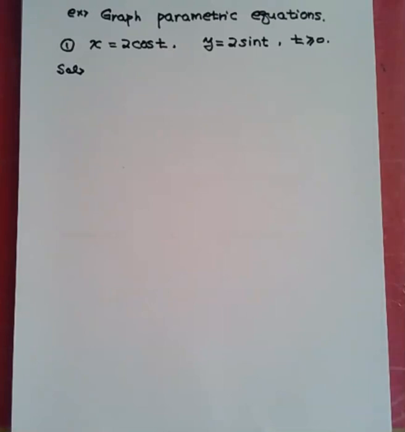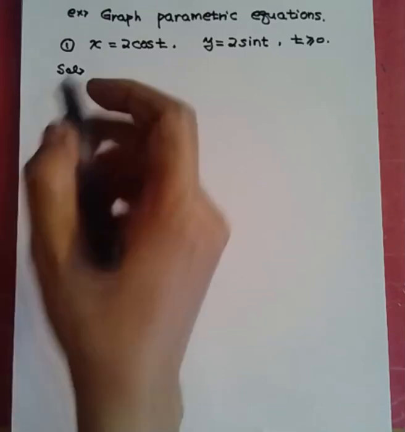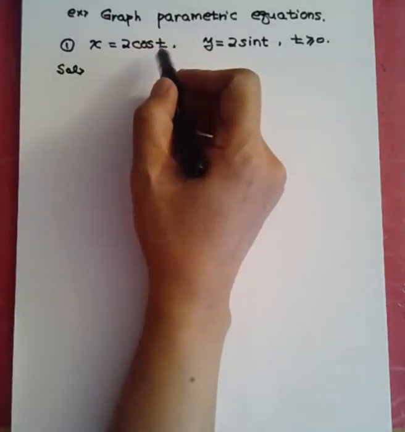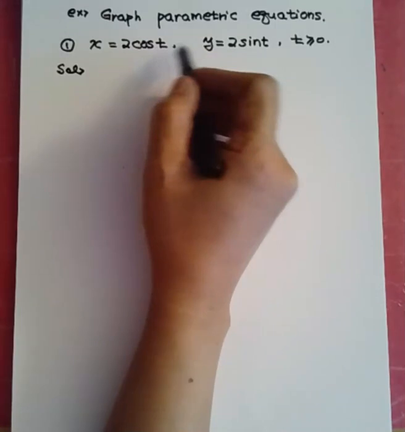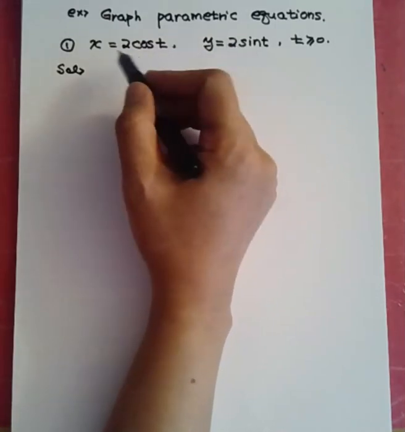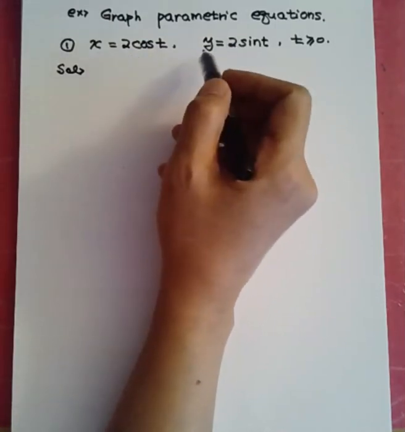Let's graph parametric equations. We have parametric equations x equals 2 cosine of t and y equals 2 sine of t. We want to use the eliminating parameter method, so we want to try to eliminate t when we combine x and y.